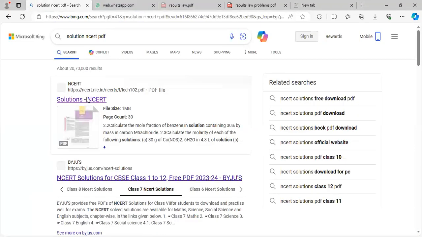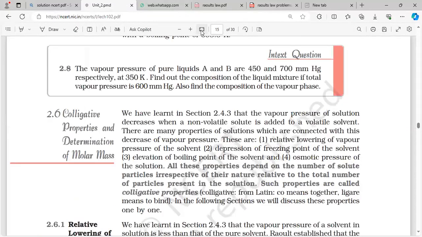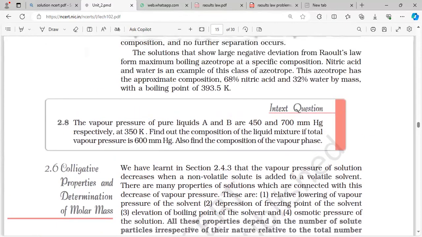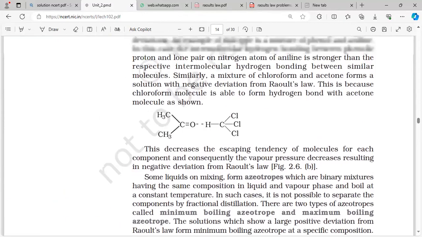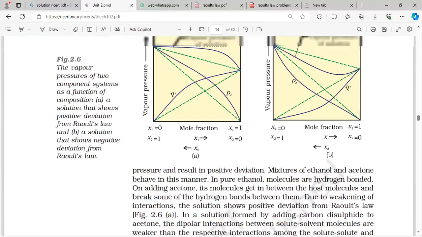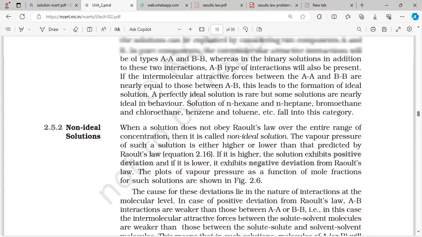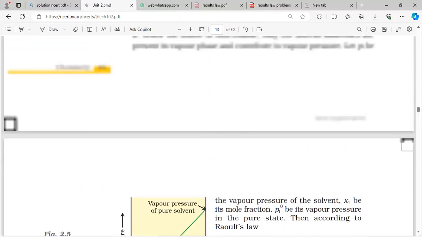Just wait a moment, let me download the NCERT one. Yesterday the Raoult's law we finished fully. We have finished Raoult's law and Henry's law, both the laws. Two types of solution also we have finished, that is the gas in liquid and liquid in liquid solution. Now we are going to deal with solid in liquid.